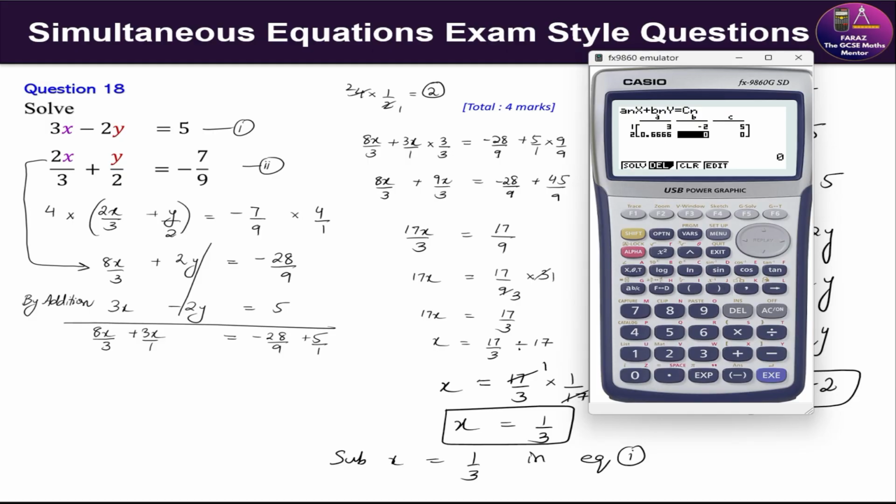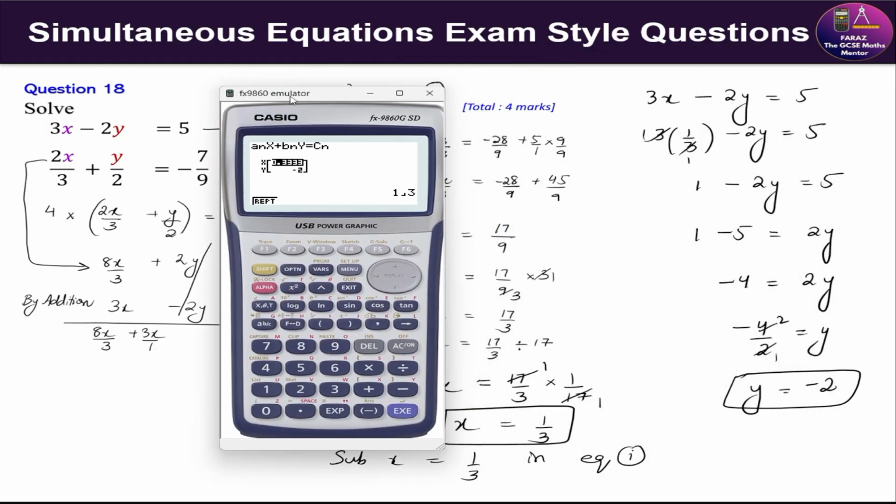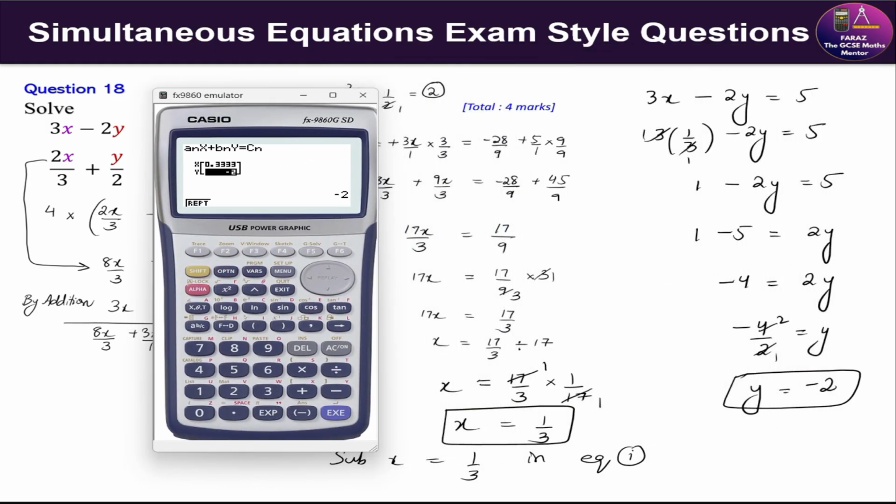And the coefficient of y is 1 over 2 actually, so 1 divided by 2. And after equals we have minus 7 over 9, so minus 7 divided by 9. Now we can see that it is giving us 1 over 3. The answer is x is 1 over 3 and y is negative 2.